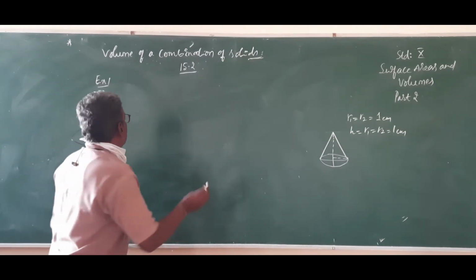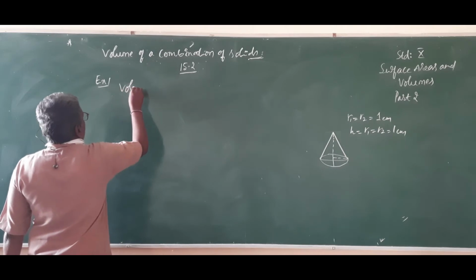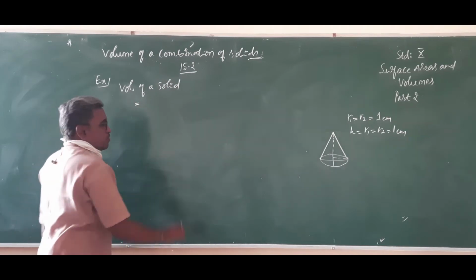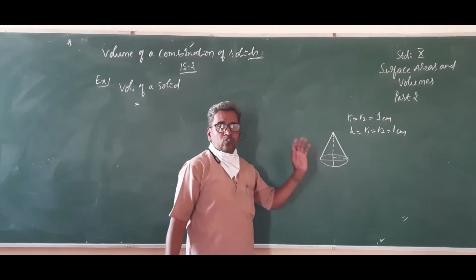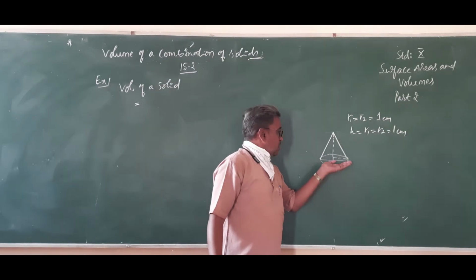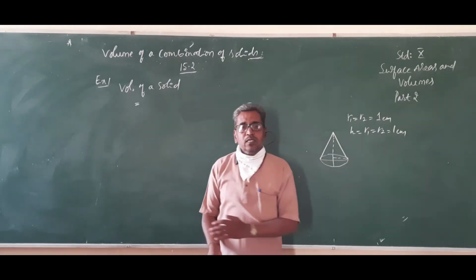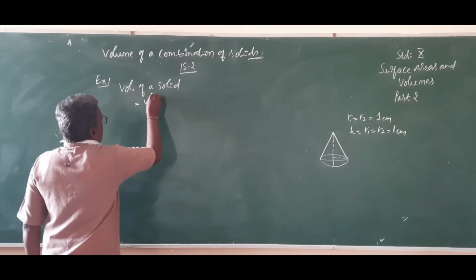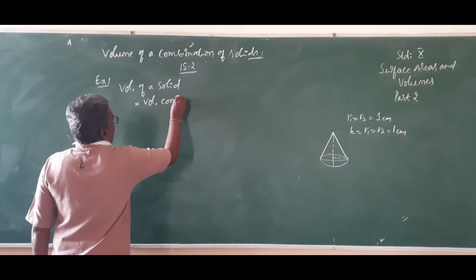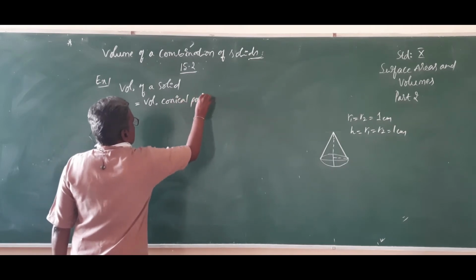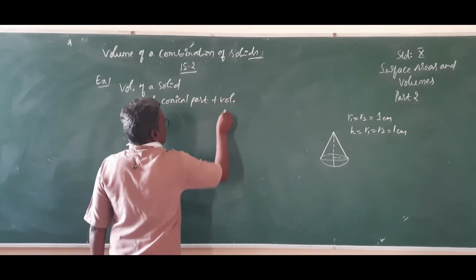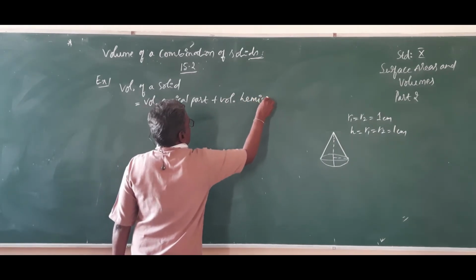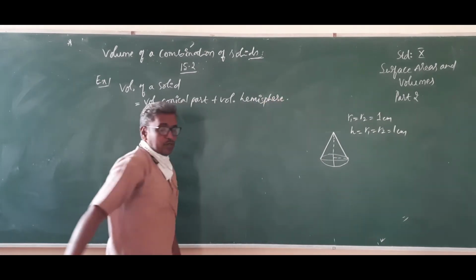Therefore, the volume of the solid formed by joining the cone standing on the hemisphere is equal to the volume of the conical part plus the volume of the hemisphere.